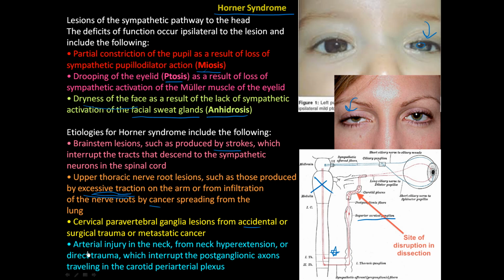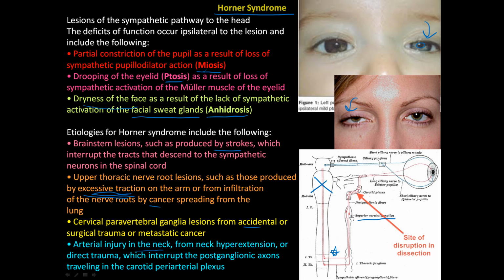Or you can have an arterial injury to the neck. Maybe in a whiplash, a car accident, or sports, you get an extreme hyperextension, which means your head is whipped back far, or direct trauma, and that can injure postganglionic axons traveling in the carotid periarterial plexus.